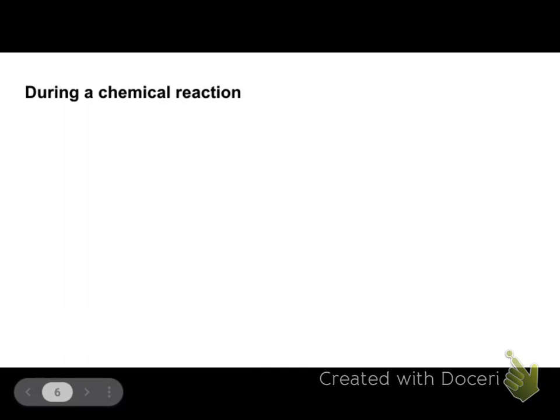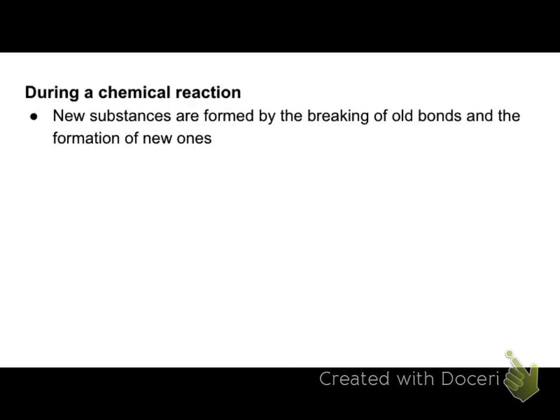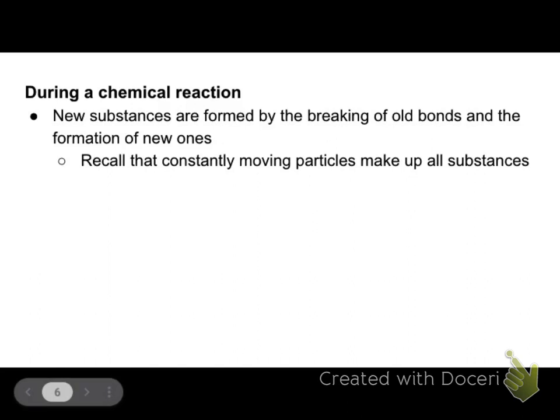All right, let's talk now about what's happening during a chemical reaction. New substances are being formed because the bonds of the old substance have been broken and now there are new bonds forming. Please remember from previous chapters that all matter is made up of particles, and those particles are constantly in motion.